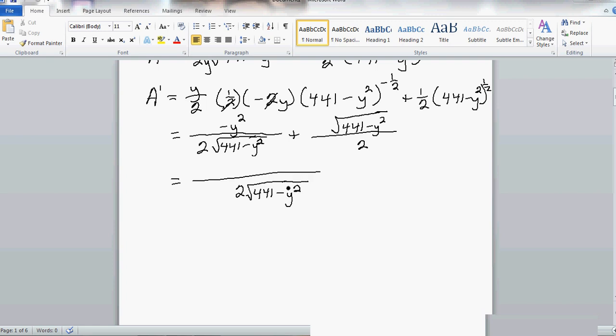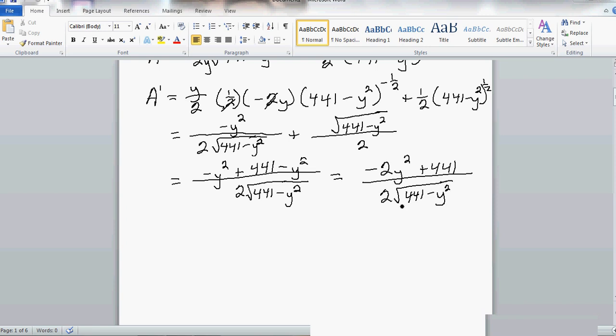We don't have to do anything to the first fraction, so that's minus y squared, plus, but we have to multiply the square root of 441 minus y squared times the square root of 441 minus y squared, which is 441 minus y squared. And combining like terms, we get negative 2y squared plus 441 over 2 times the square root of 441 minus y squared.